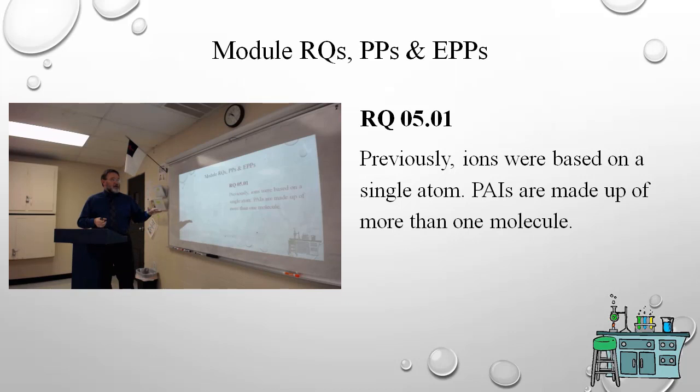This module, we actually came with the polyatomic ions. Polyatomic means many atoms, or more than several atoms. So multiple atoms coming together to form, it says more than one molecule, it should say more than one atom. It's a typo. But these ions are actually groups of atoms that form by covalent bonding.